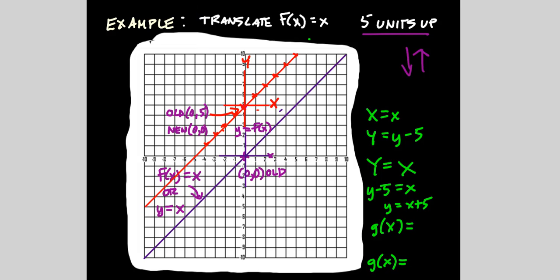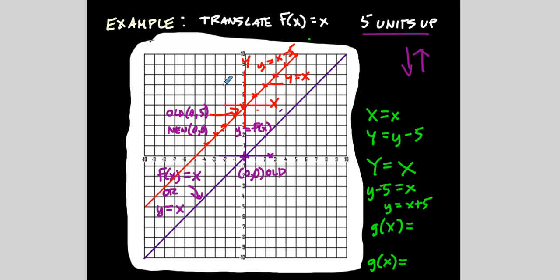So this is y equals x plus 5. In the new axis system, it is y equals x. This is actually the line capital Y equals x.